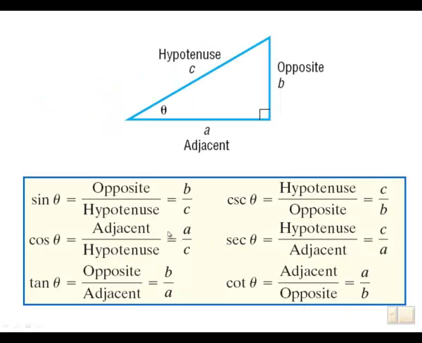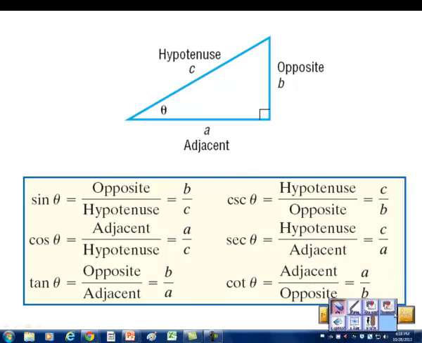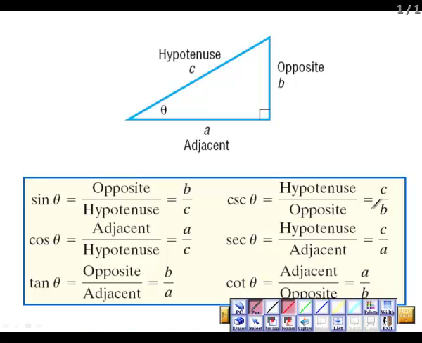And we had mentioned before that there was a memory device that we used, and we call that SOHCAHTOA. That would be sine is opposite over hypotenuse, cosine is adjacent over hypotenuse, and tangent is opposite over adjacent.